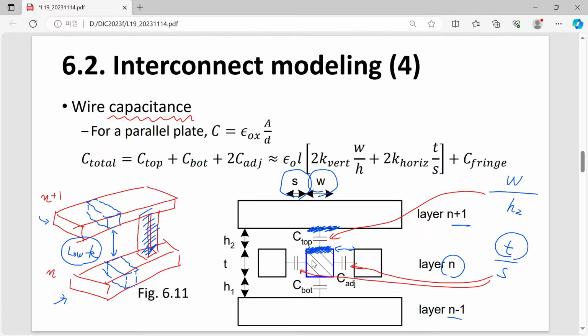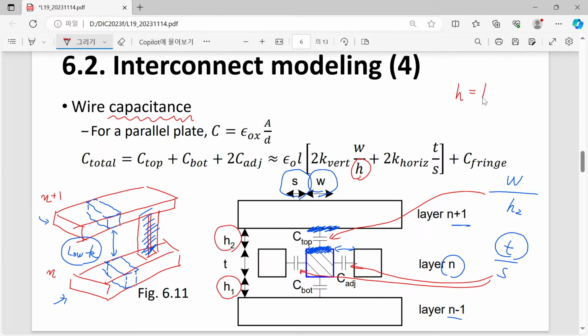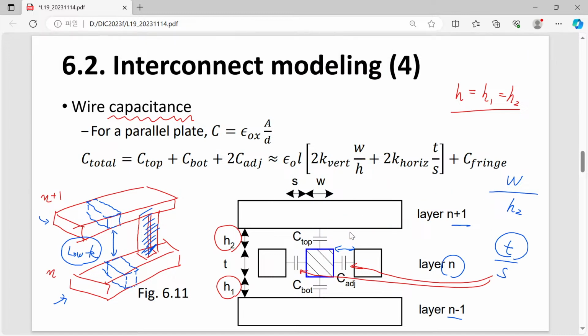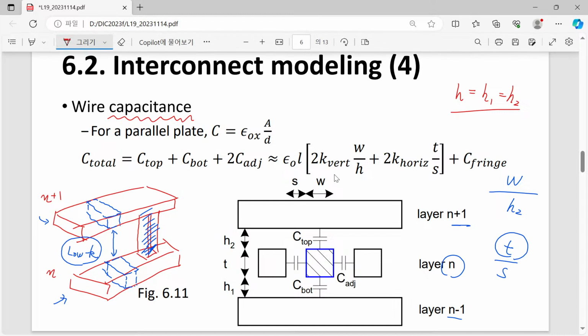Once we assume that the distance between each layer is the same as just h, I mean that here although we have introduced h1 and h2, we have assumed that h1, h2 are the same as h. Then we can find that the total capacitance originated from these surrounding metal lines can be simply obtained by this one. Why do we have it twice?